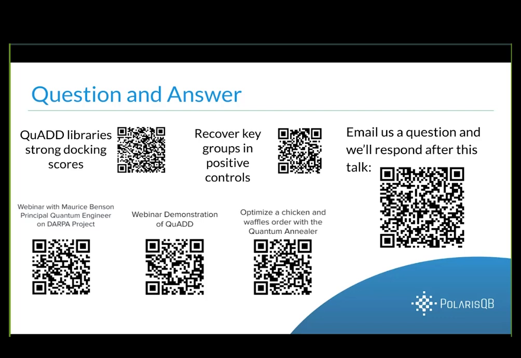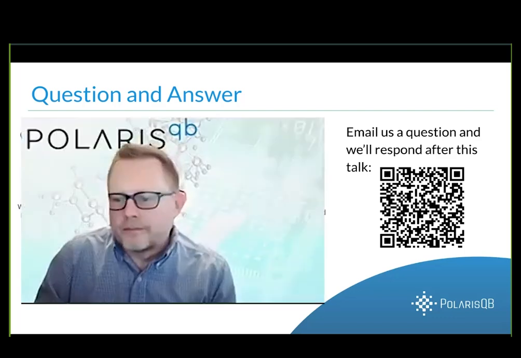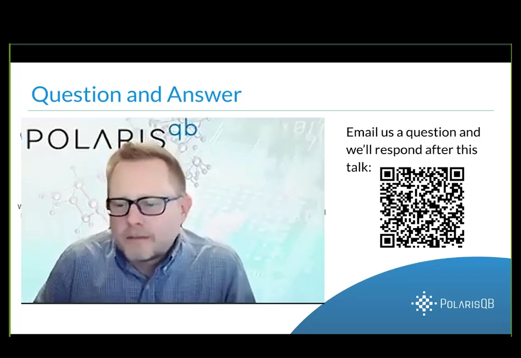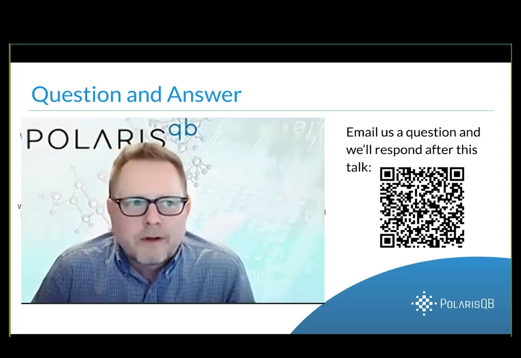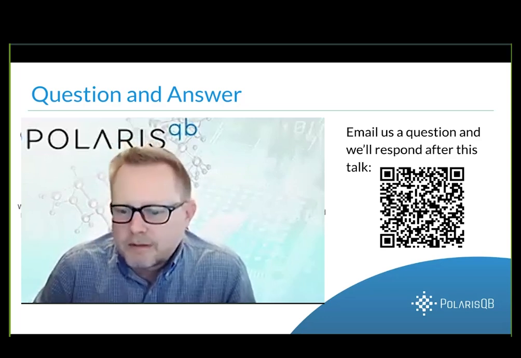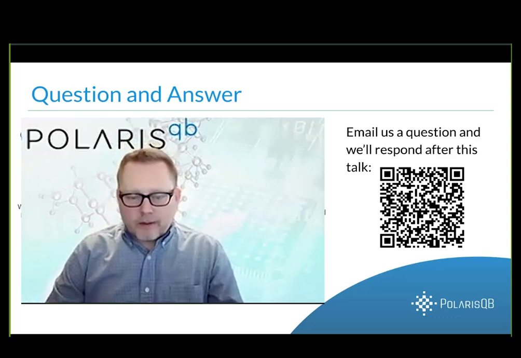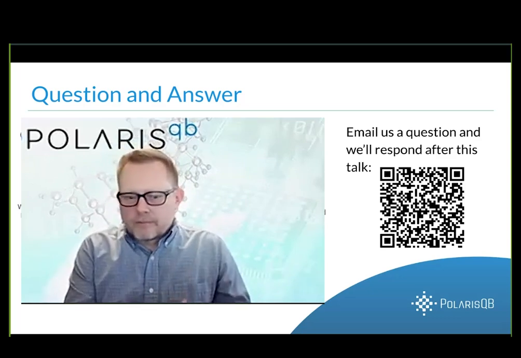And then Ken, maybe you can talk a bit about using MD and clustering. Yeah. If you have evidence that your binding site is particularly flexible, we have looked at this also.